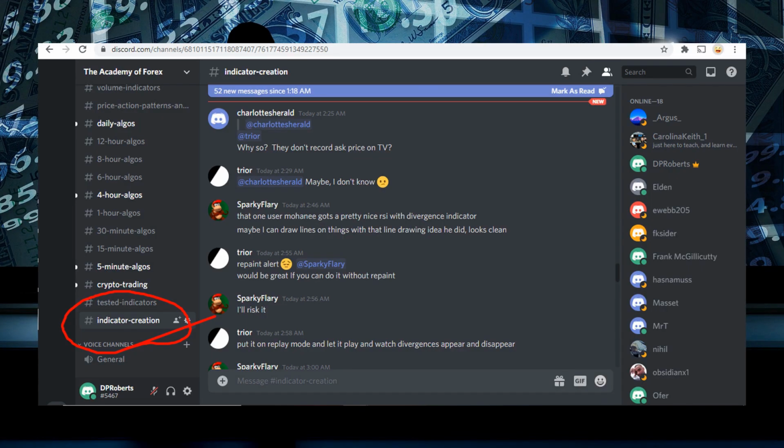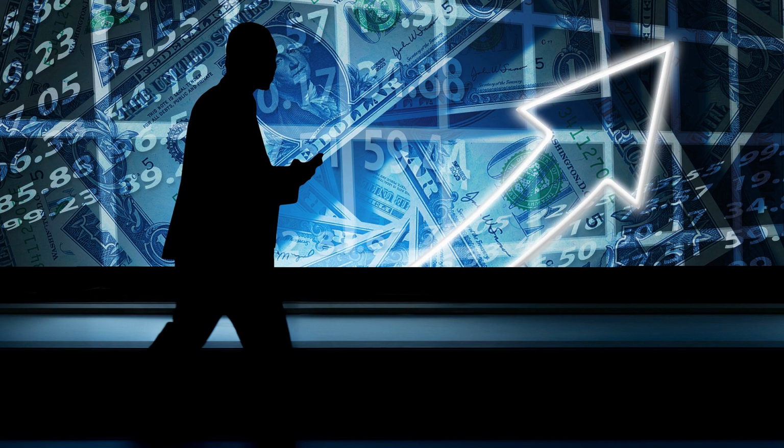And on that channel, I pinned links to freelancers who can code indicators for MT or for TradingView. So if you don't want to create a TradingView account, you can hire a freelancer for a really small fee and have them code an indicator for the MT platform. Or if you are on TradingView and need an indicator created, something unique or an indicator for a system you have developed, you can also have them code PineScript. So use the link for either MT4 coding or use the link for PineScript.